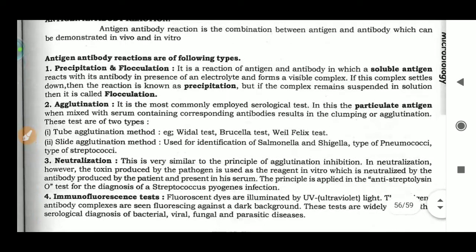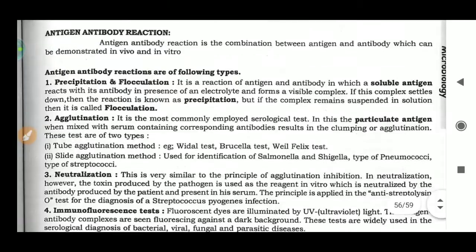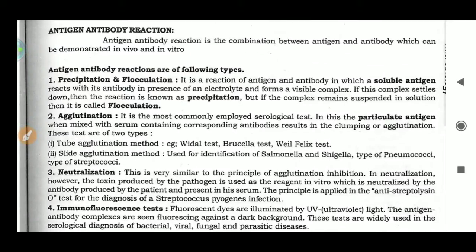Then the next topic we'll discuss is antigen antibody reaction. So what is antigen antibody reaction? Antigen antibody reaction is the combination between antigen and antibody, which can be demonstrated in vivo and in vitro. Antigen antibody reactions are of the following types. The first is precipitation and flocculation.